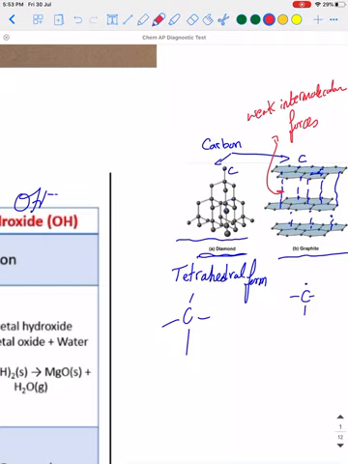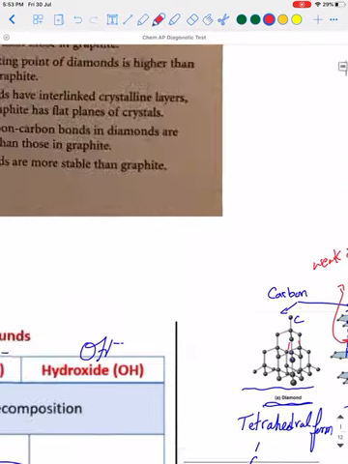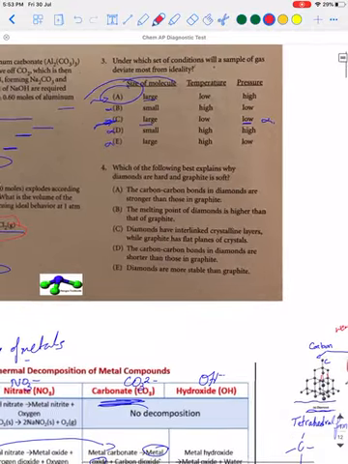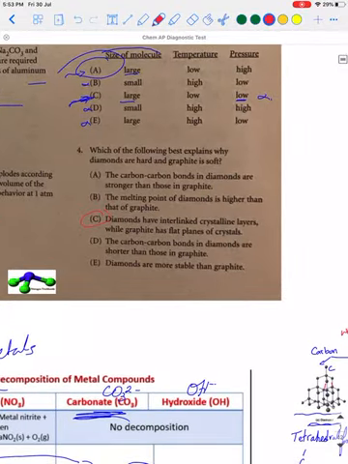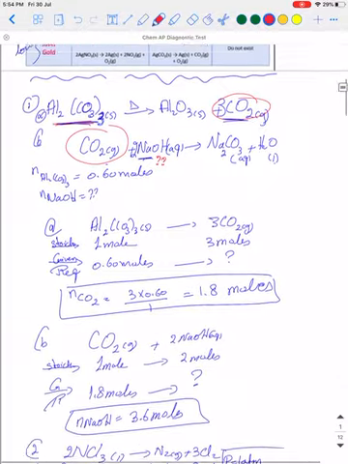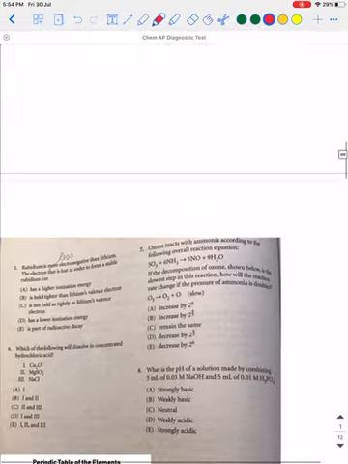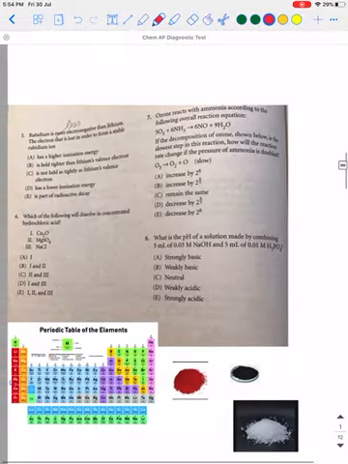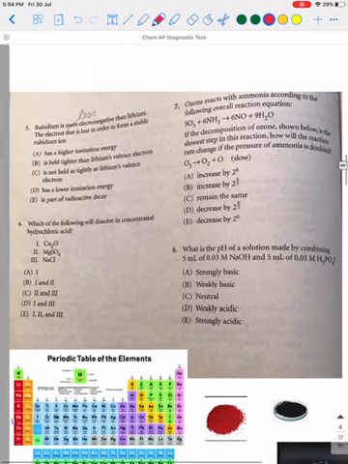So here the forces are weak, which makes graphite soft. That's why they use it in pencils, because it can slide easily, while diamond is rigid. So the best answer that I can choose here is that diamond has interlinked crystalline layers, while graphite has flat planes of crystals. Now, we will continue solving multiple choice questions.